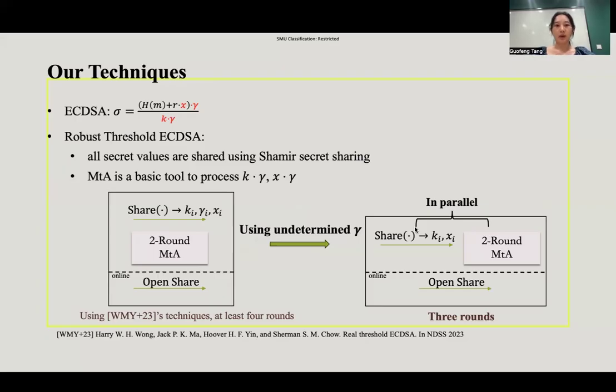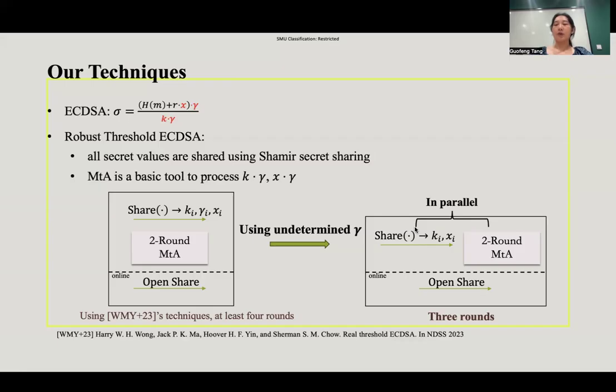In this paper, we use an undetermined gamma. The gamma is undetermined, so we don't need 1 round to share gamma before running the 2-round MtA. And because k and x are only used in the second round of MtA, the sharing of k and x can be run together in the first round of MtA.